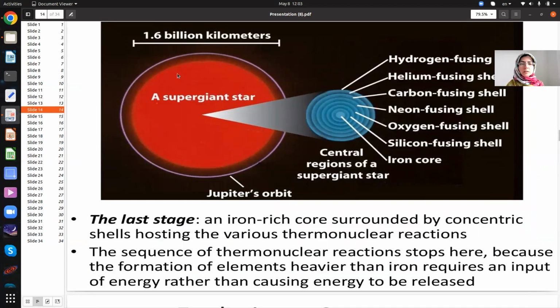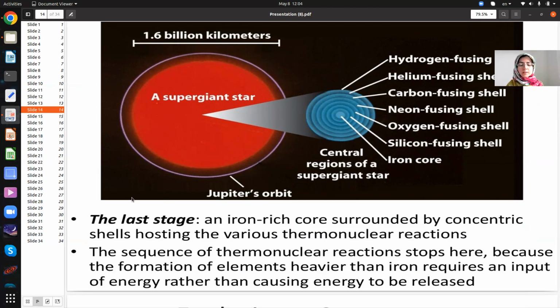Here you see the supergiant star. The last stage is an iron-rich core surrounded by concentric shells hosting the various thermonuclear reactions. The sequence of thermonuclear reactions stops here because the formation of elements heavier than iron requires an input of energy rather than causing energy to be released.